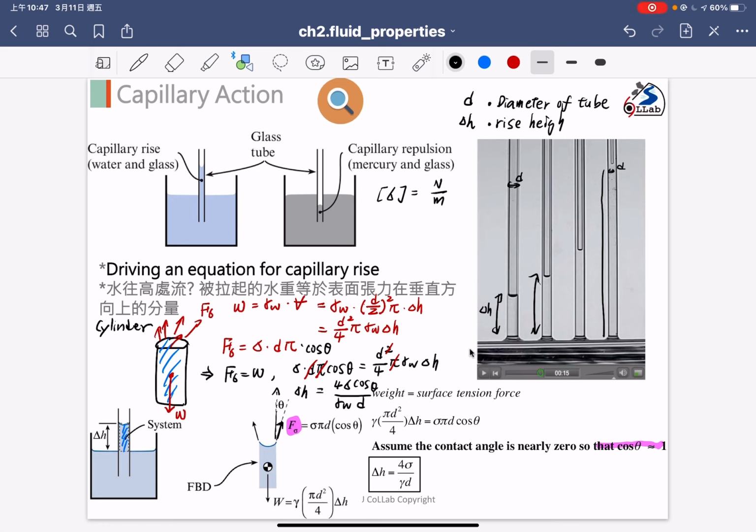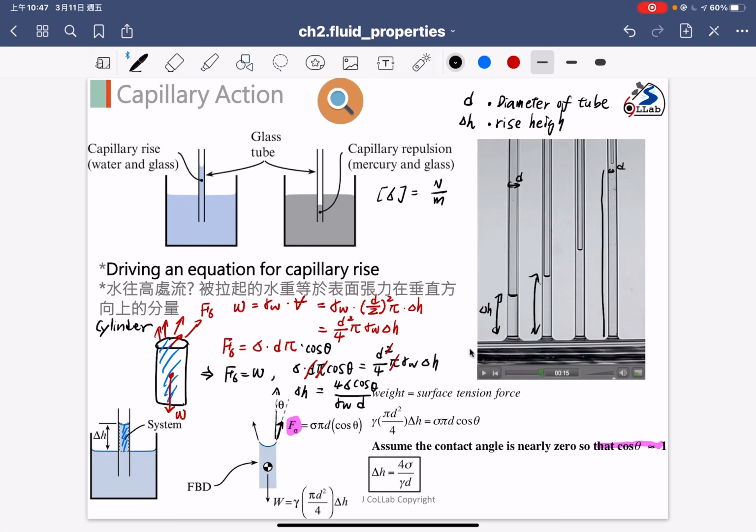Here just use gamma, not gamma w, because you can change to a different liquid. You can see how different liquid properties give a different rising height, even though you fix the diameter of the tube.